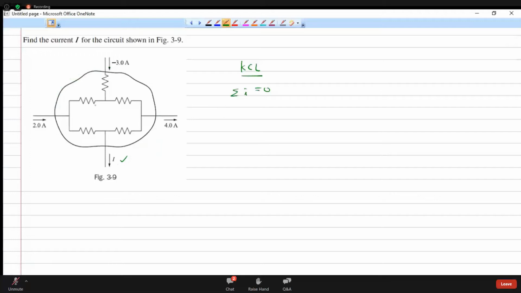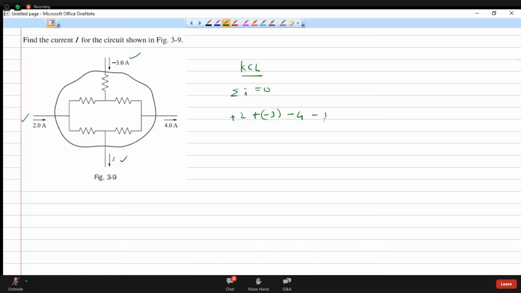Starting from here, plus 2 is entering, and minus 3 is entering, 5 ampere. Here 4 ampere is leaving, so it should be minus 4.